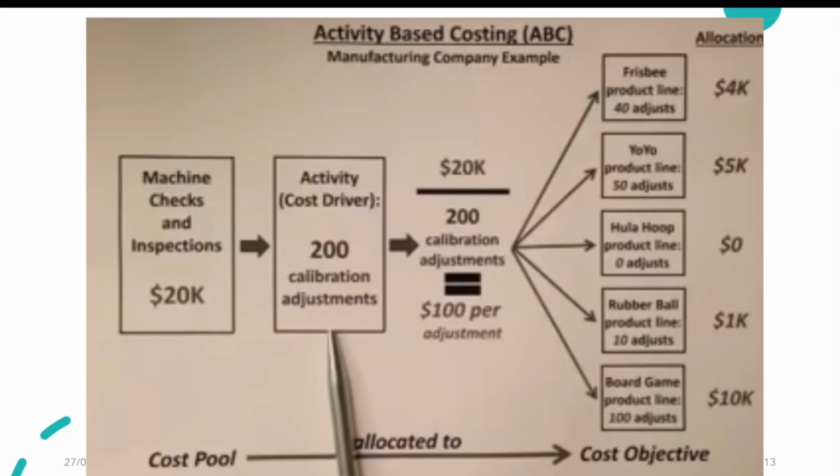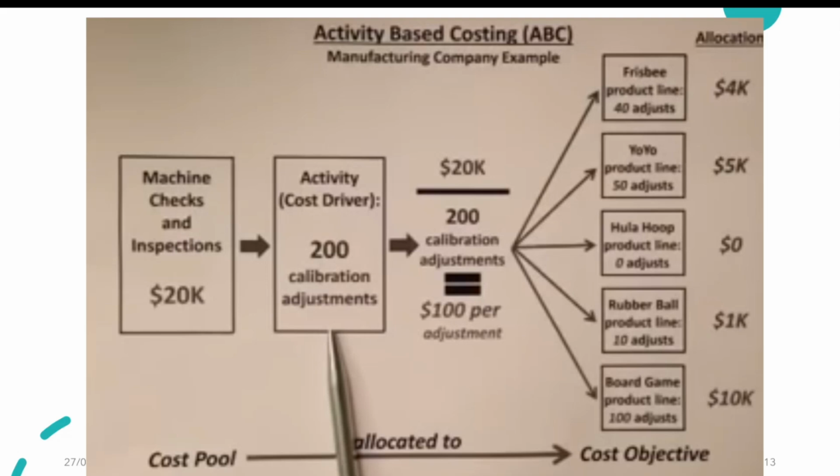And then with this rate we can go into different locations. So in this case, it's one activity, one cost driver. However, there are a few different sectors, different divisions in the factory. Some are conducting quite a lot of these activities. For example, a toy making factory, making different types of toys.